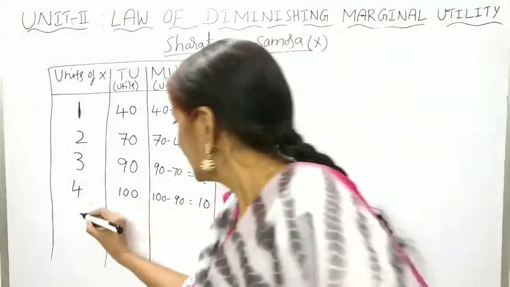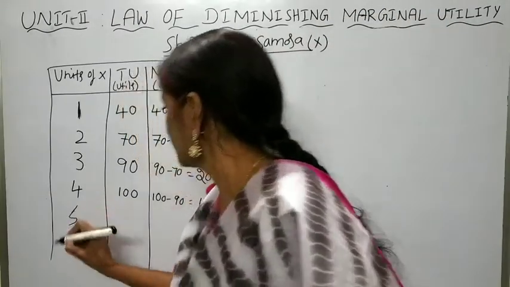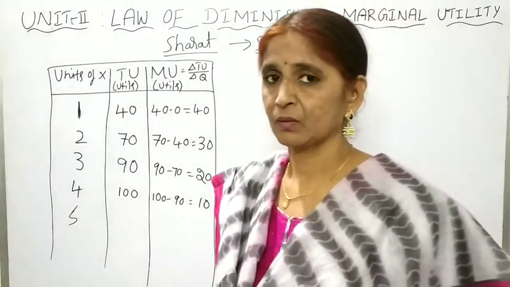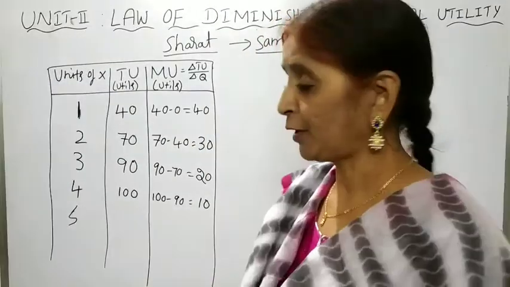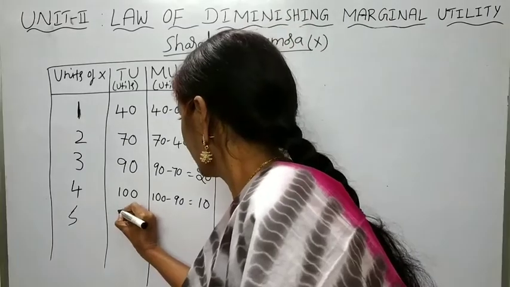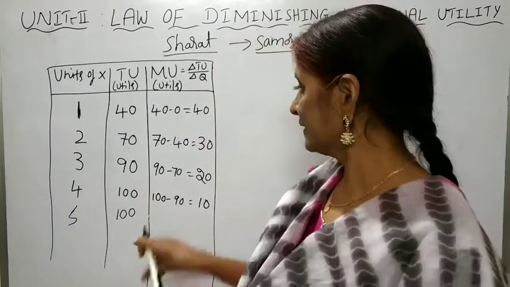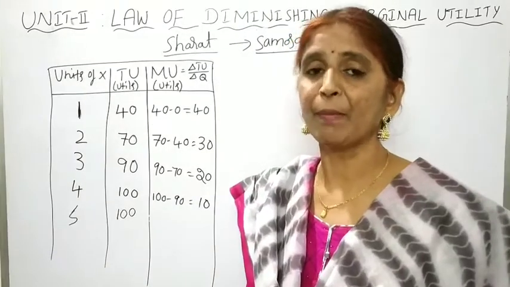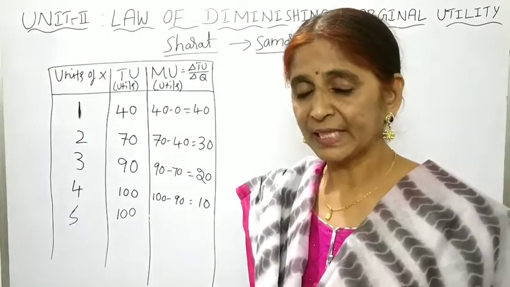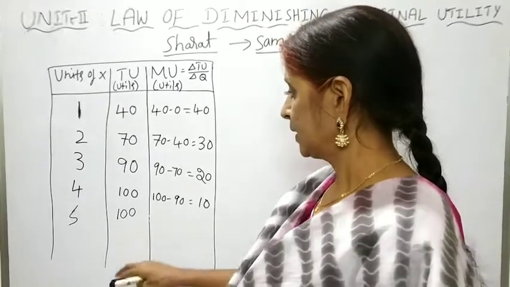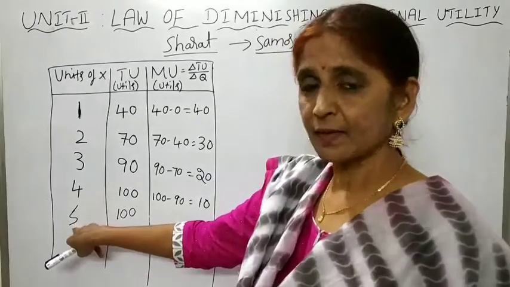So next, Sharath consumed the fifth samosa also. Means by consuming 5 samosas, his total utility is neither increasing nor decreasing, it will be maximum. His total utility will become maximum at the 5th unit of the samosa.